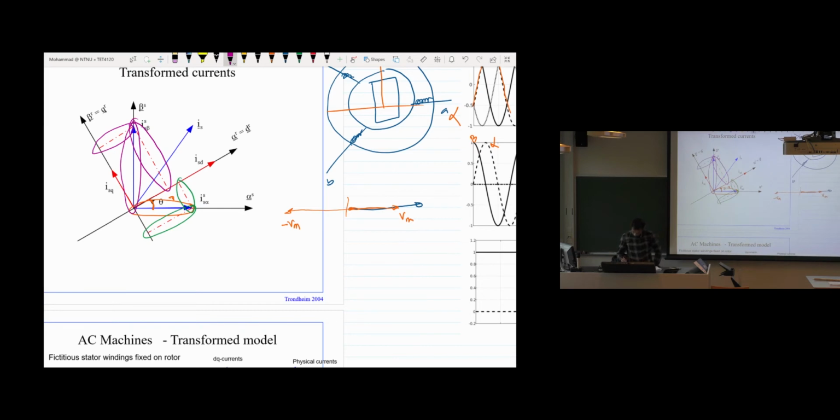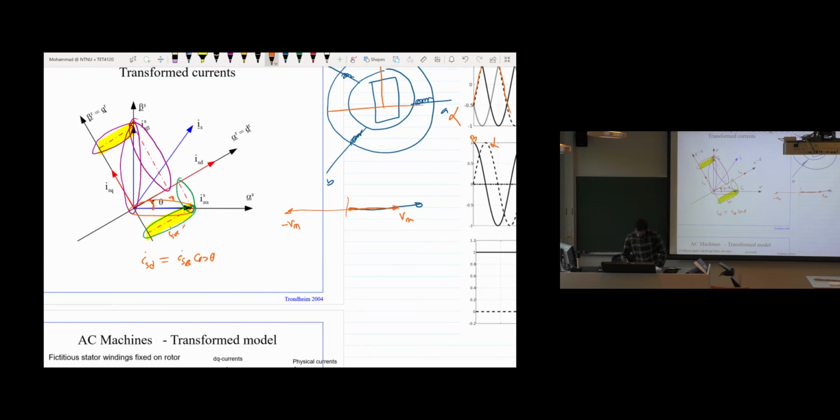So what you see here, we have the d-axis component, and the resultant d-axis component would be this component here and the other component here. We have the two d-axis components, and then we can write the d-axis component, which is Isd.